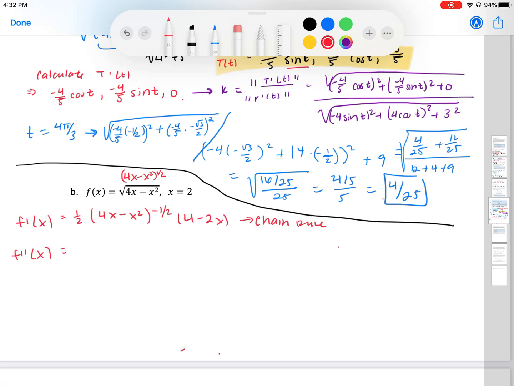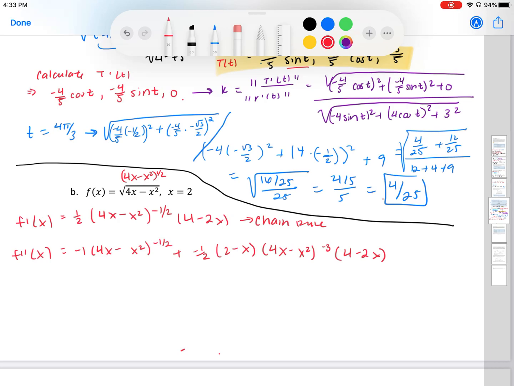So the double derivative, or f double prime, is negative 1 times 4x minus x squared raised to the negative 1/2 power plus negative 1/2 times 2 minus x times 4x minus x squared raised to negative 3/2, and 4 minus 2x.